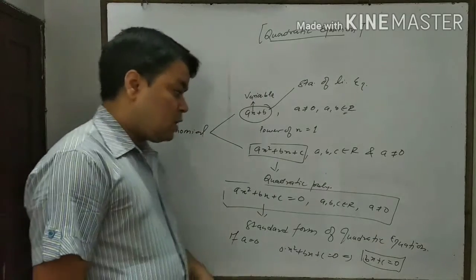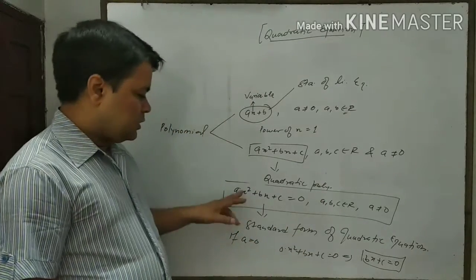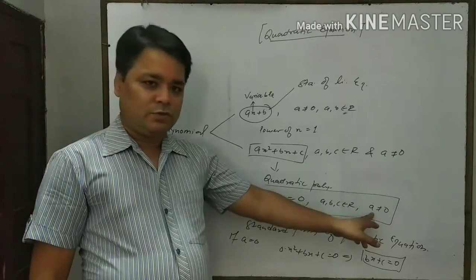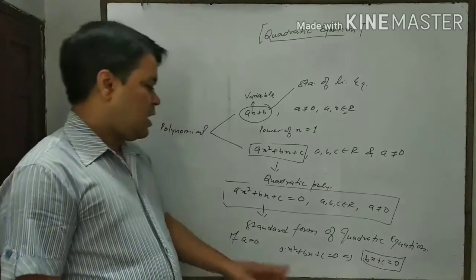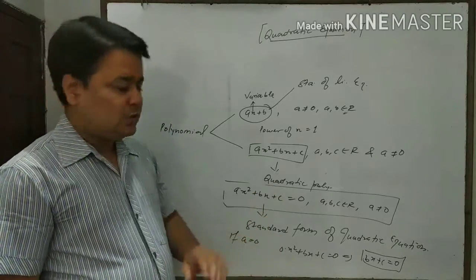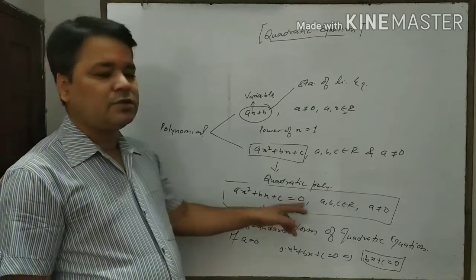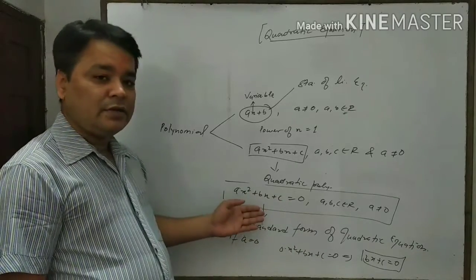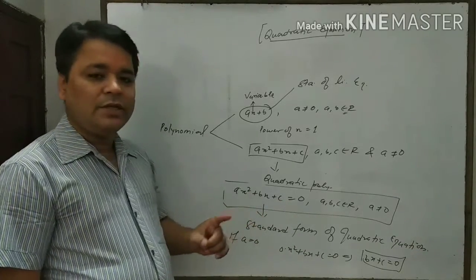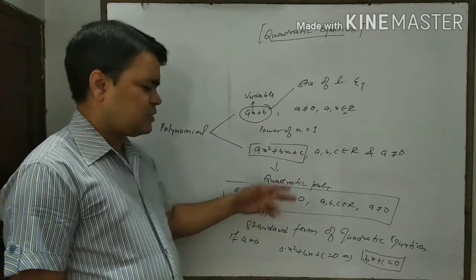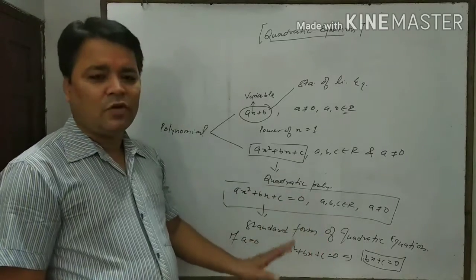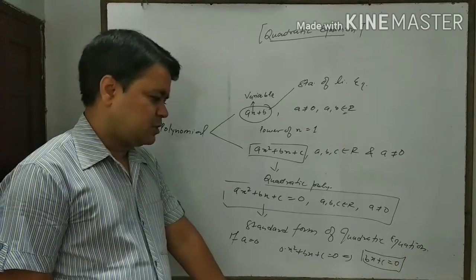So for a quadratic equation, the value of a should not be equal to 0, otherwise it will change into a linear equation. But if the value of b is equal to 0, then it will be ax square plus c is equal to 0, which still satisfies the form of a quadratic equation. If c is equal to 0, then we can write ax square plus bx is equal to 0, again in the standard form of the quadratic equation.